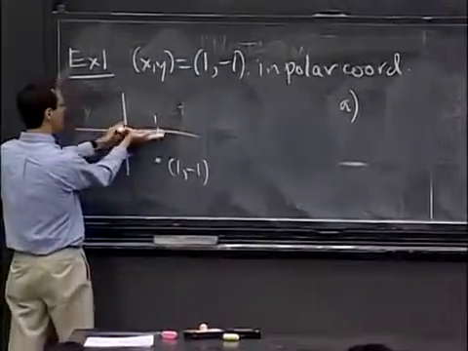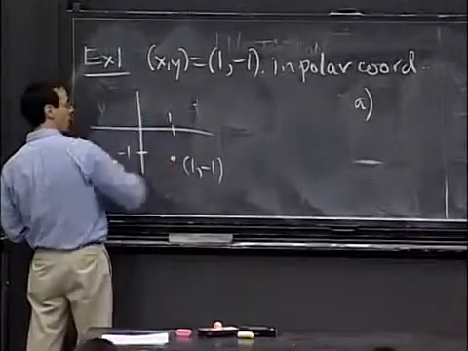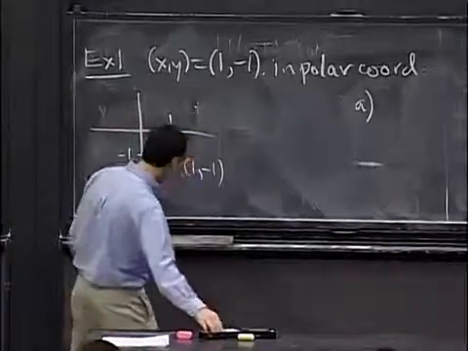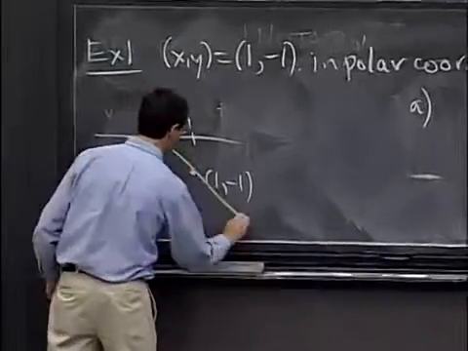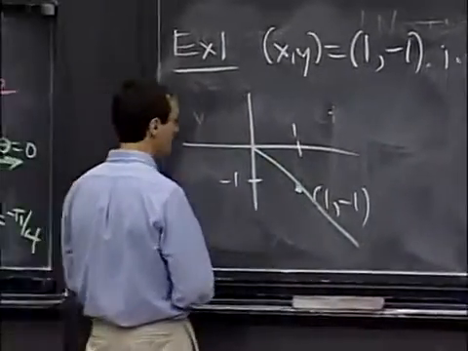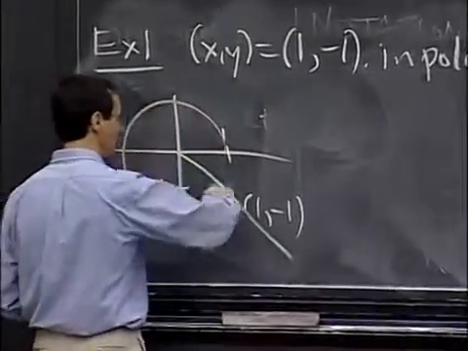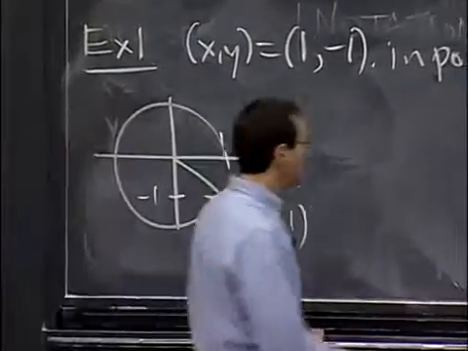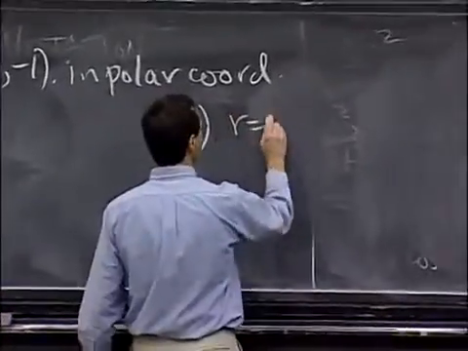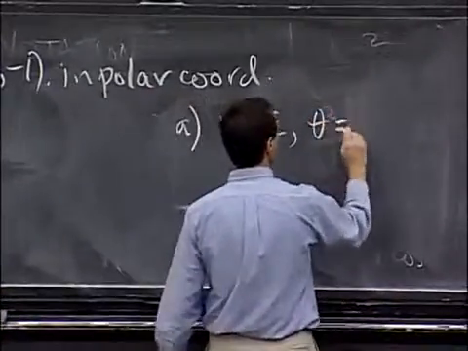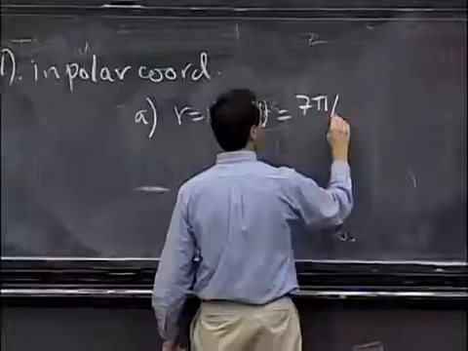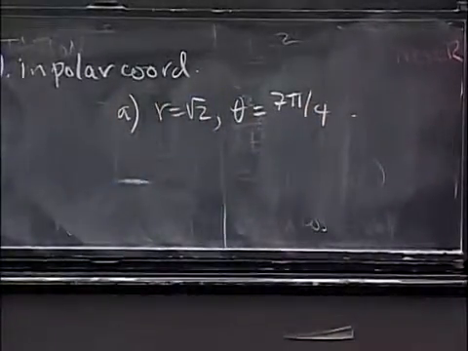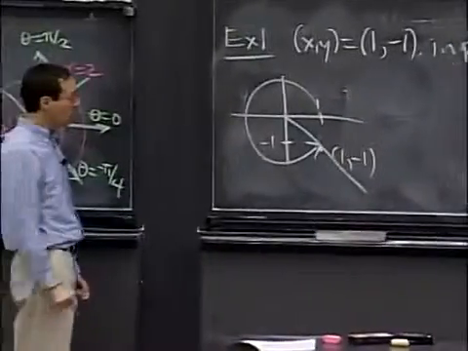If I start with the angle horizontally, I wrap all the way around. That would be to this ray here. Let's do it in green again. I labeled it actually as -π/4, but another way of looking at it is that it's this angle here. So that would be r equals square root of 2, theta equals 7π/4.